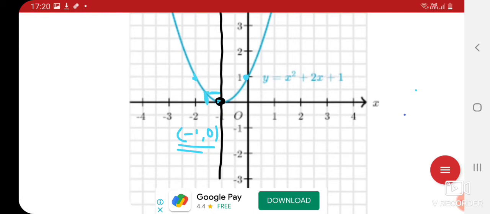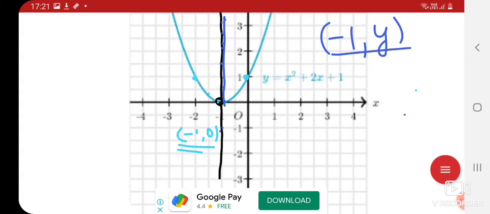Which distance is double from this point which is here to this point. Okay, you know that that point will lie on this line, right? That point will lie on this line, and all the points that are on this line have that abscissa as minus 1, because all the points will have the same abscissa, right? And will have different values for y.